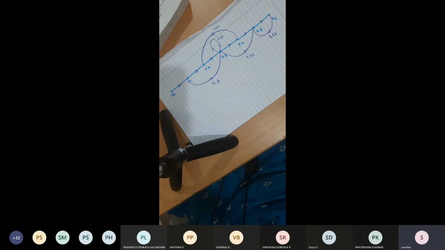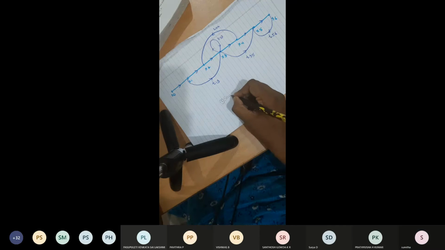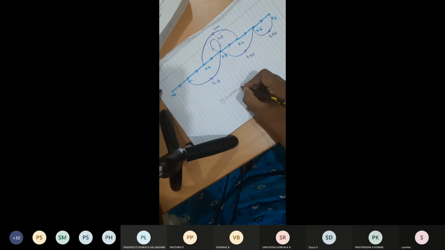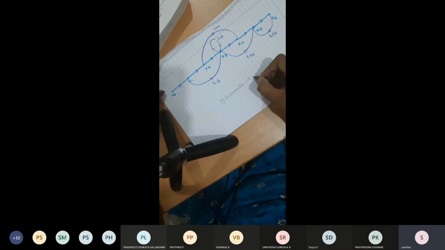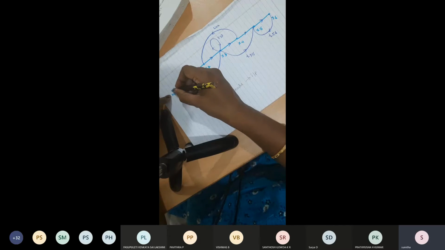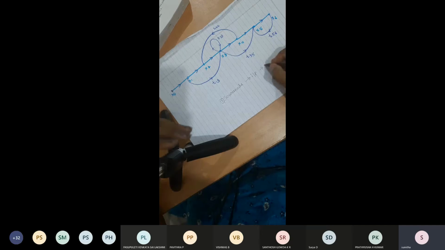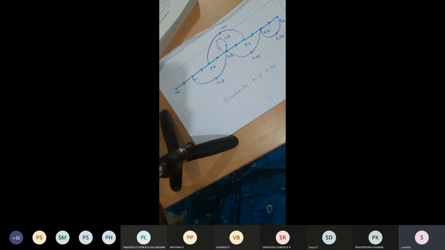Okay. First parameter we are studying is source node. Source node is nothing but input node. The starting point. This is called source node. So your source node is X naught. Source node is the input node.